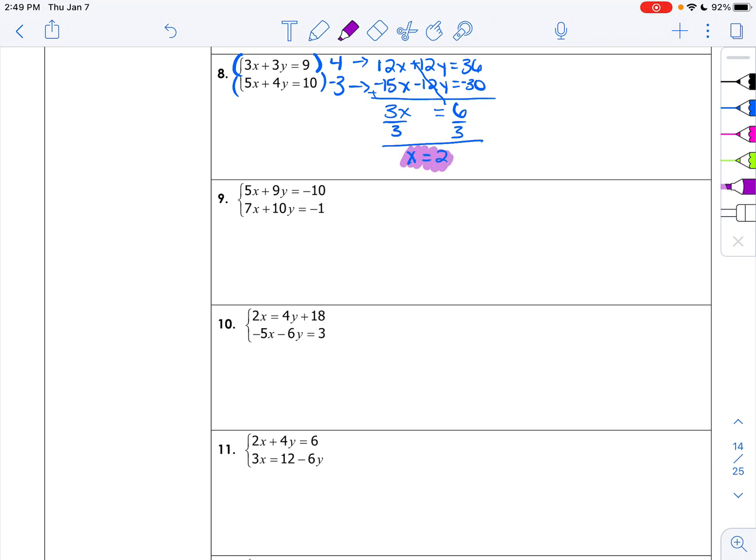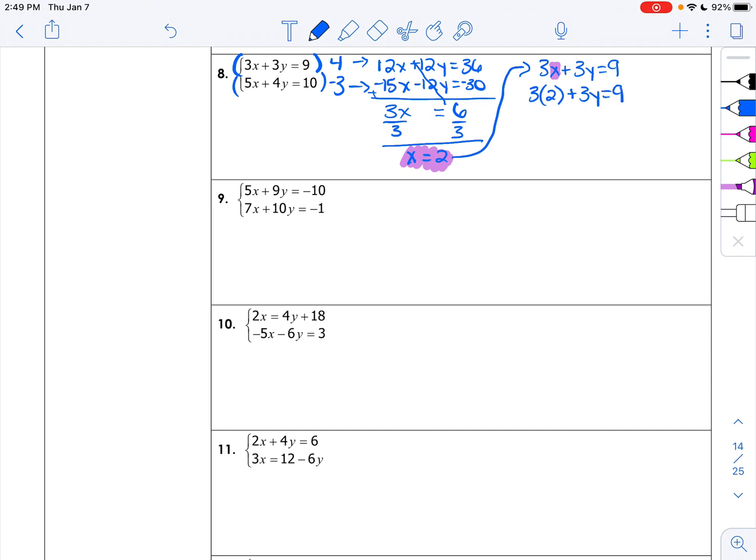Now I'm going to pick one of my original equations. I'm going to choose the top one, 3x plus 3y equals 9, and I'm going to substitute that answer I just found into that equation. I found that x is 2, so I'm going to replace x with the number 2. So 3 times 2 plus 3y equals 9.